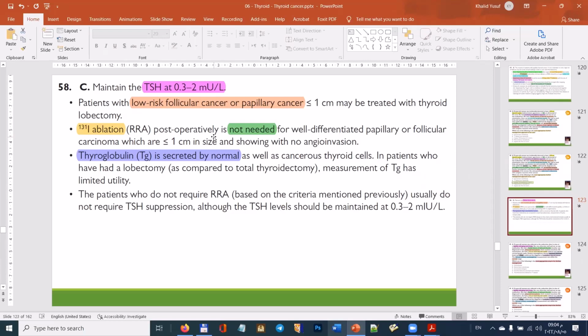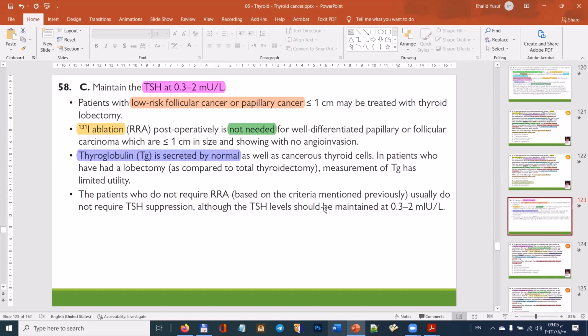Actually, if you cannot conclude that the patient is low risk in this situation, I will choose to target a TSH of less than 0.1. But in this clinical case scenario, microcarcinoma is a very, very benign condition. The most benign thyroid cancer is thyroid papillary microcarcinoma.